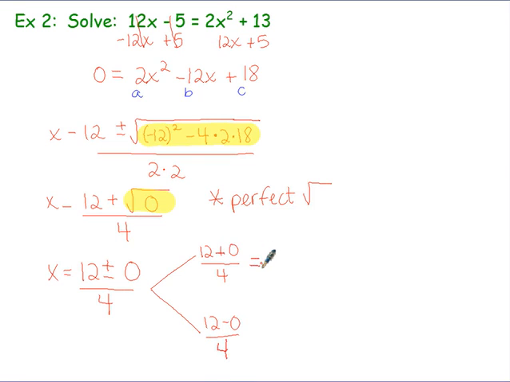Well, 12 plus 0 is 12, and 12 divided by 4 is 3. 12 minus 0 is 12, divided by 4 is also 3. We got two answers, but they happen to be the same. Hopefully you got that problem right. So let's look at a couple more together.